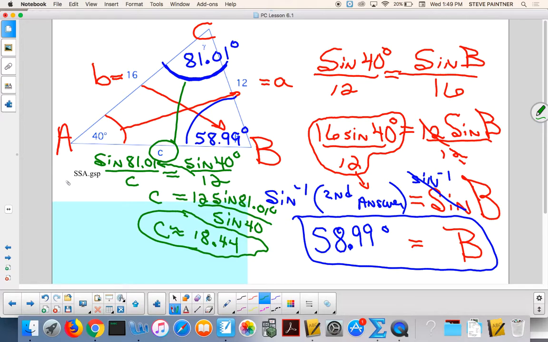You say half a circle is 180. And if I subtract this reference angle off the 180, that's 58.99, I would get this angle. This angle is what? 121.01 degrees. Do I have to subtract 90?